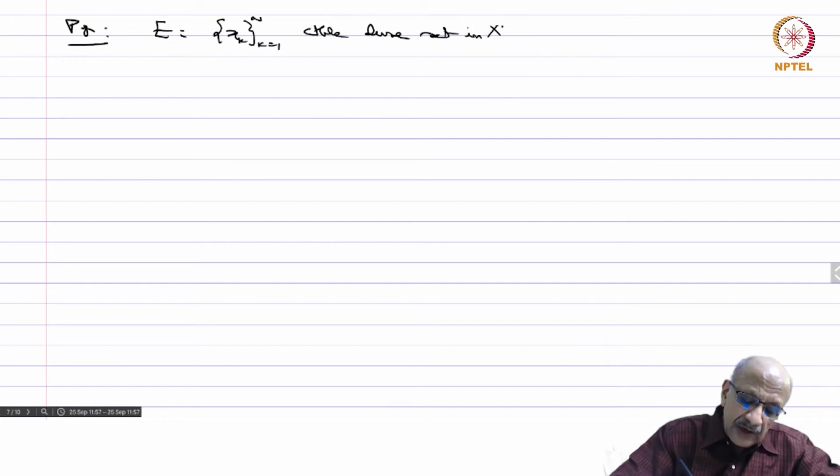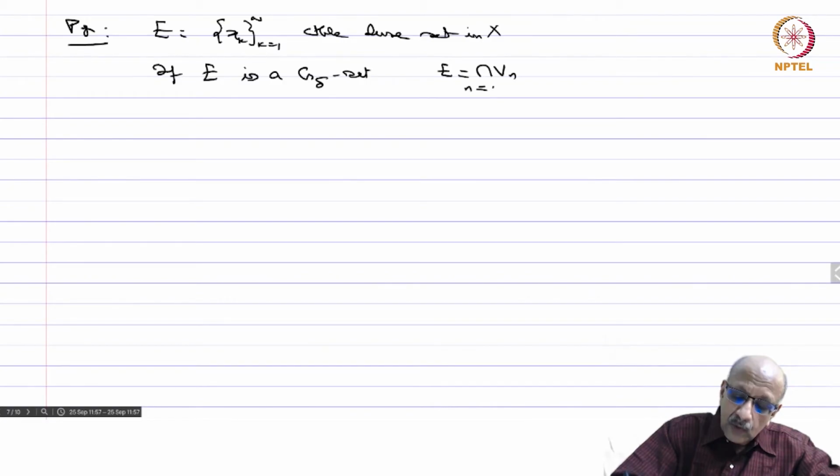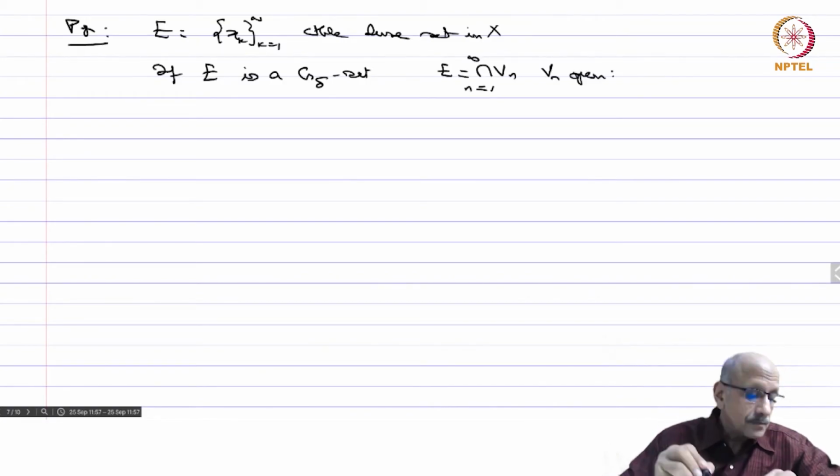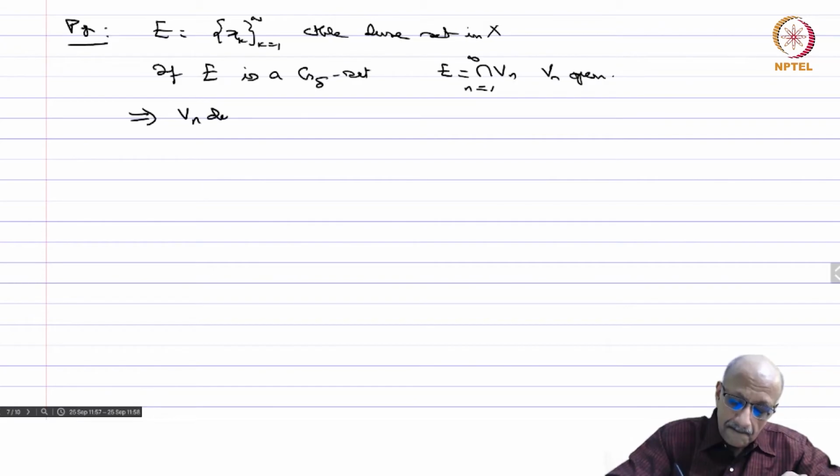If E is a G delta, then E can be written as the intersection of V_n, n equals 1 to infinity, with V_n open. And then obviously V_n is also dense because it's bigger than a dense set.